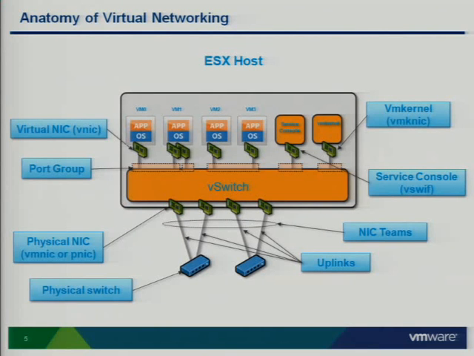There is a fair amount of traffic going on between the service console and the virtual center and other entities in the vSphere infrastructure. We also have what is called the VM kernel interface, what we usually call VMK-NIC. This is a virtual NIC that's used by the ESX kernel to communicate through the network.